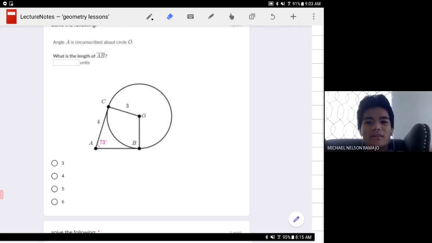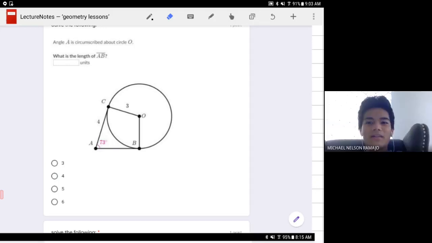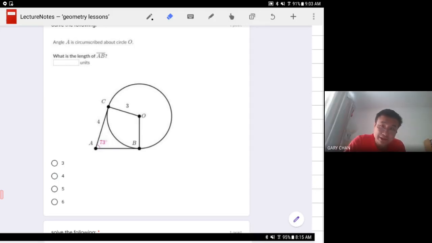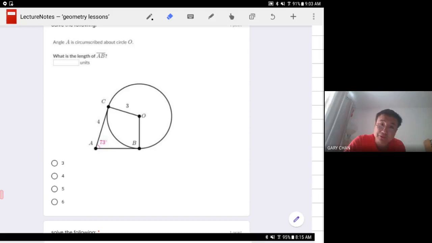Well, does supplementary relate to length of lines, or to angles? Angles. So what I'm asking is the relationship between line segment AC and line segment AB. They're both going to be congruent to each other, since they're both tangent. That's right.